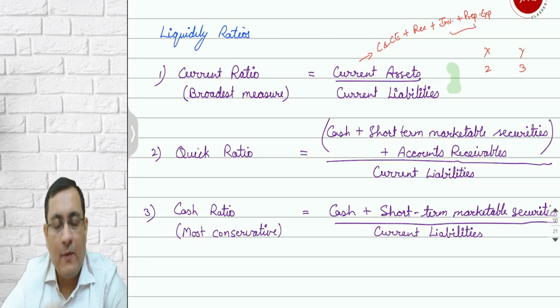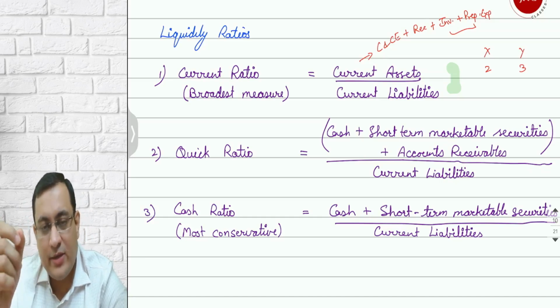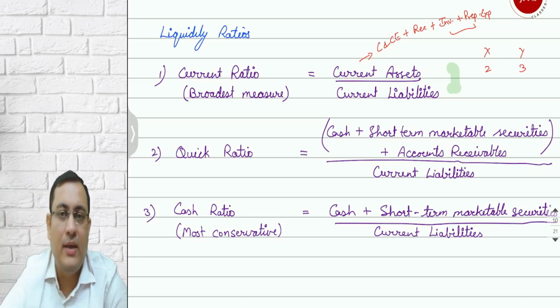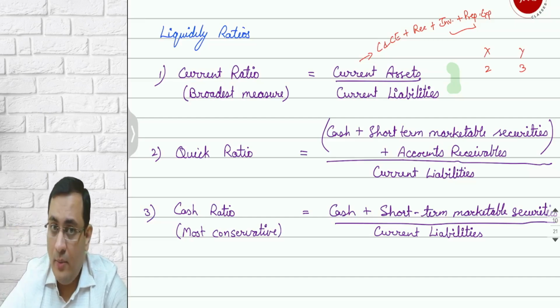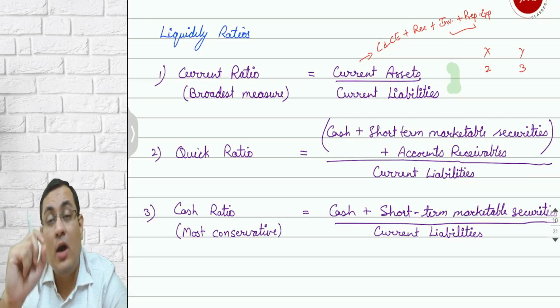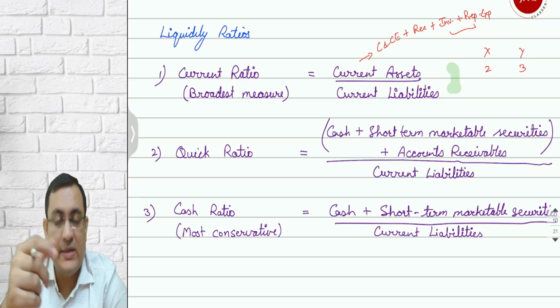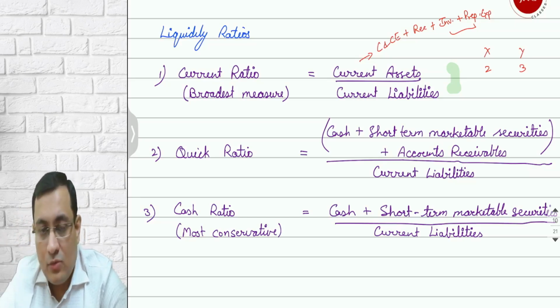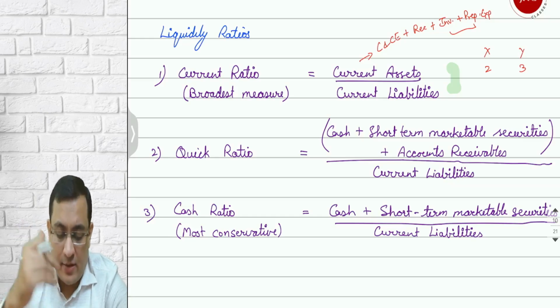So here we will use the remaining current assets, that is cash, cash equivalents, short-term marketable securities, and receivables, as the numerator with respect to current liabilities. The denominator is the same. So this number will be lower than your current ratio, but it shows how much quick assets, the money which is readily available, you have to pay off your short-term obligations. More conservative is your cash ratio.